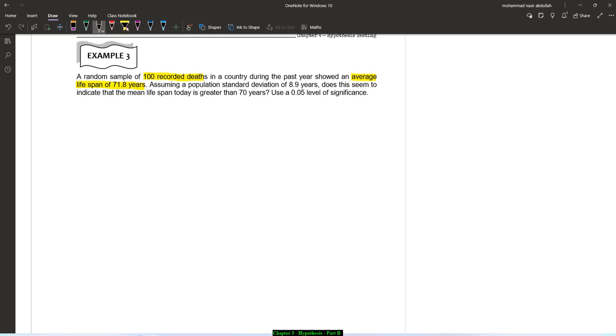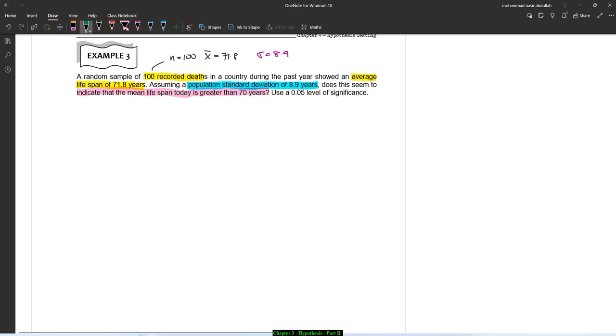So they give us a random sample, n equal to 100, and a sample average lifespan of 71.8. They also give us the population standard deviation, sigma equal to 8.9. The question is, does this seem to indicate that the mean lifespan today is greater than 70 years?